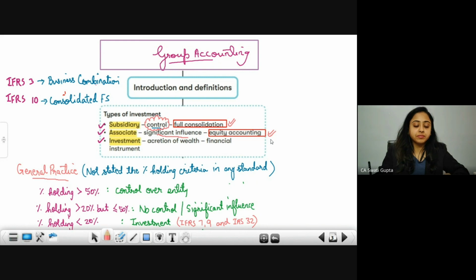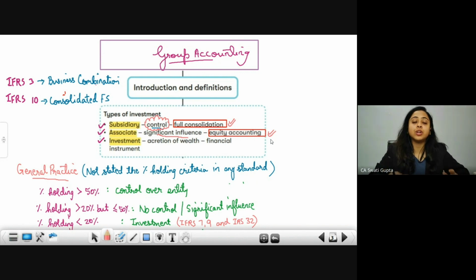Next, it's not a subsidiary, it's not an associate, but it's an investment. The company has invested into the equity shares of another company. Then in that case, we do not record it under group accounting as either subsidiary, associate, joint venture, etc. Instead, it is just recorded as an investment, as a financial asset.